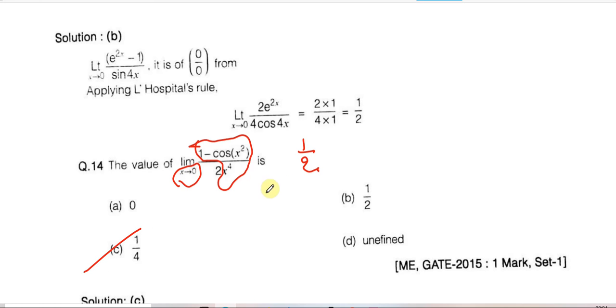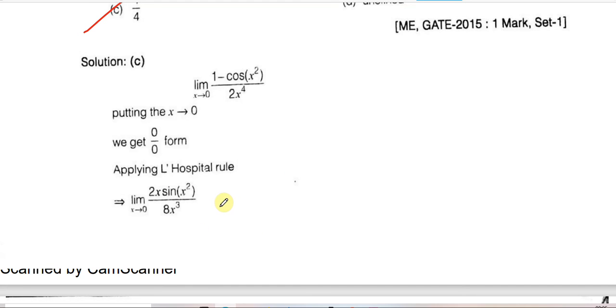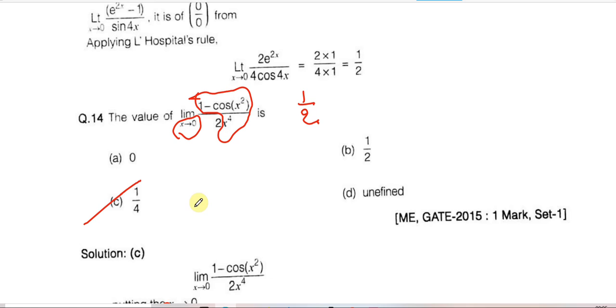Or second method I have already told you, you can convert this 1 minus cos x to 2 sin square (x by 2), in that formula. Or third method is, since 0 by 0 form is there, you can simply apply L'Hopital's rule, but much easier is converting this cos into sin x.